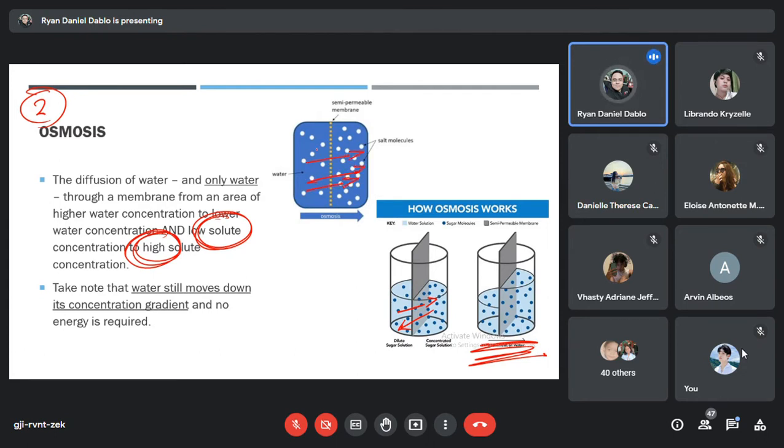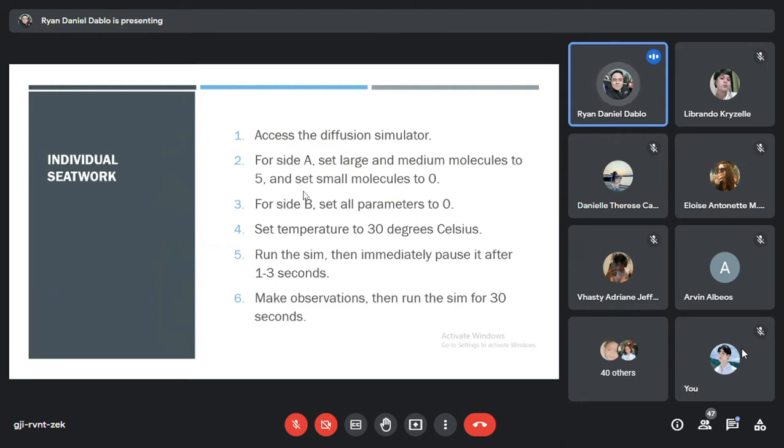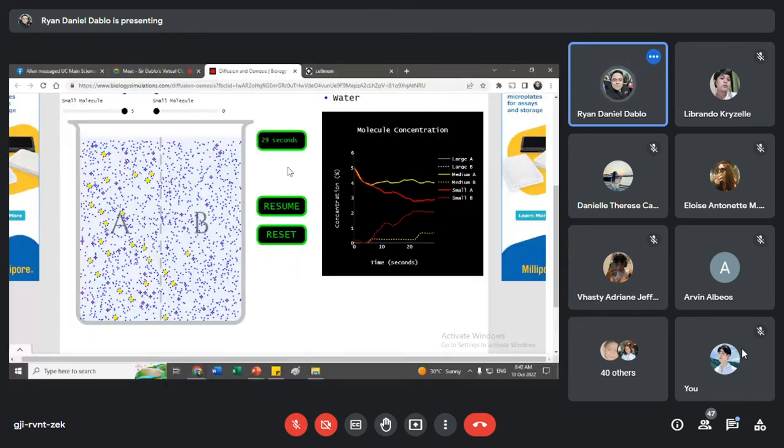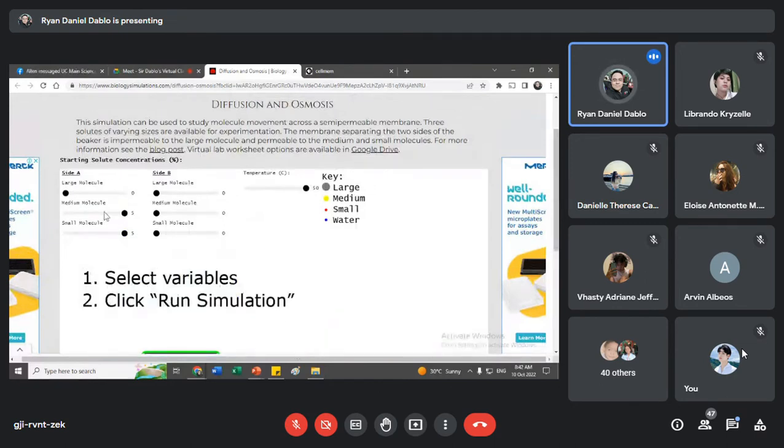Again, it will attempt to dilute the solution as much as possible since the other molecule cannot cross, right? This is important because some molecules truly cannot cross the cell membrane, so it's left to water to balance things out.